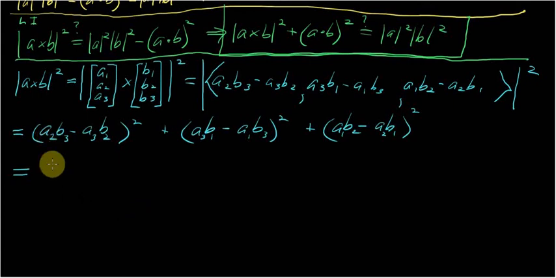So this first parenthesis, the first term here, I would have a2b3 squared, and the last term would be a3b2 squared, and I'll come back to the other stuff later.